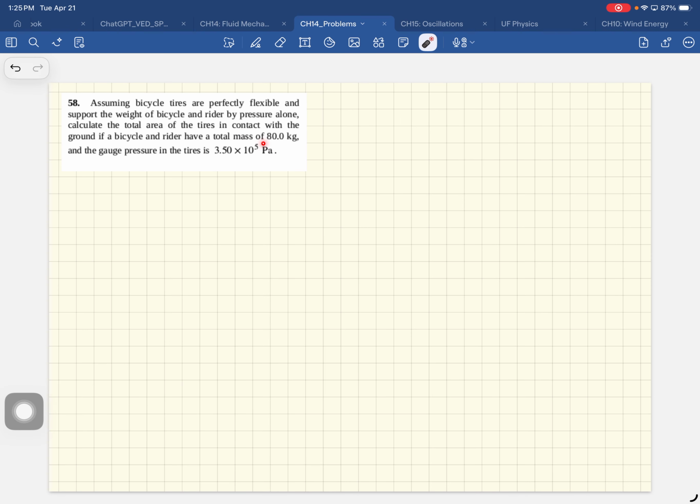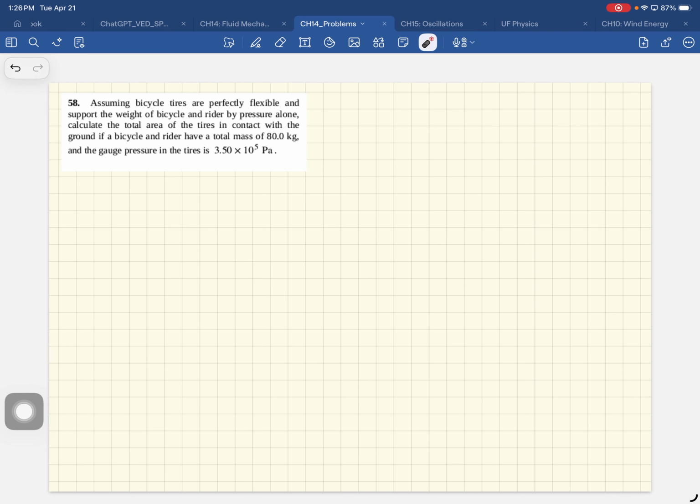This is the gauge pressure. So the gauge pressure times area equals mg. That's the weight being supported. So this is the gauge pressure of air in your tires, and this is the weight you're supporting.